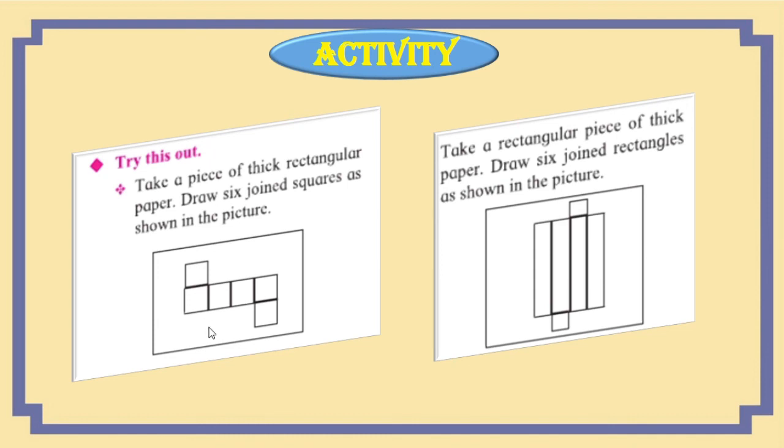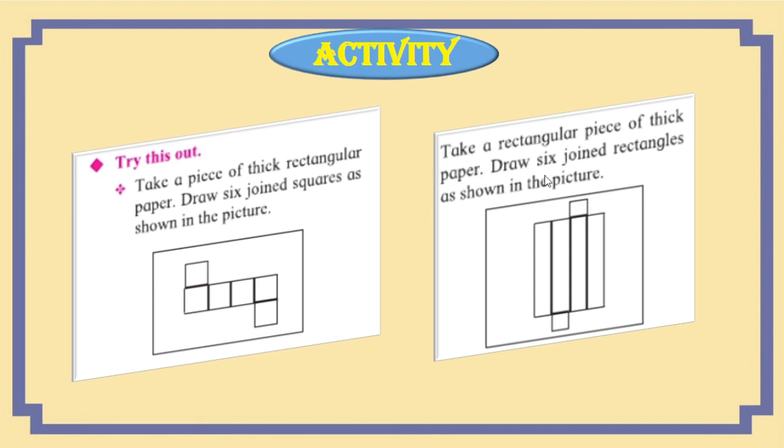You have to draw the squares like this. Okay, and you have to cut the rest all figure. Take only this shape and try to fold these at the thickened lines and see which box you will get or what structure you will get.